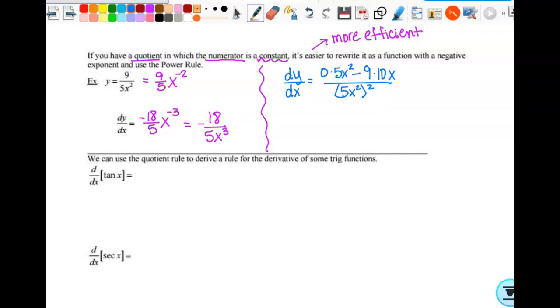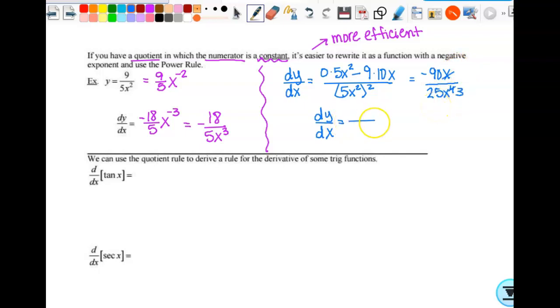So what's 0 times 5x squared? 0. So I really just have negative 90x over 25x to the 4th. So dy dx, when I simplify that, that becomes 3 down there.